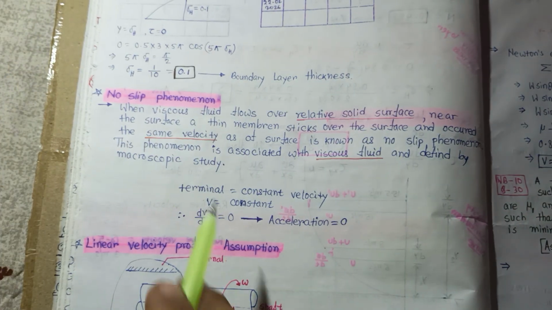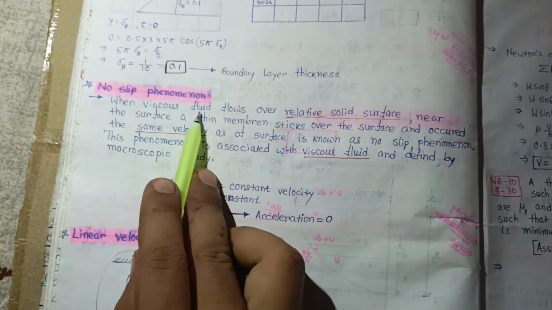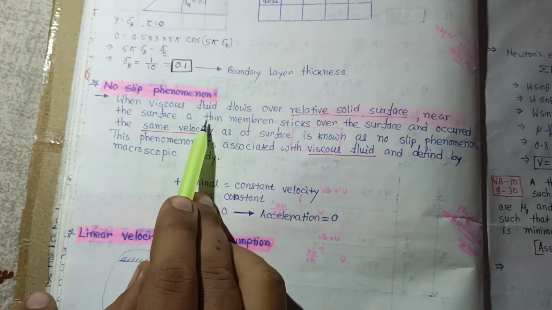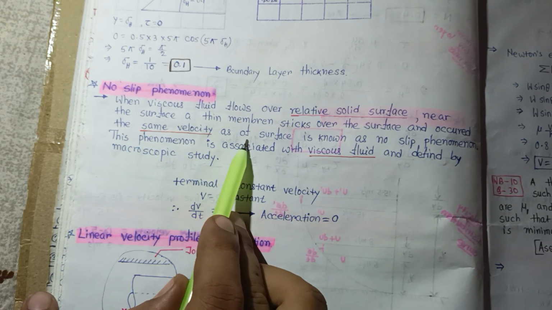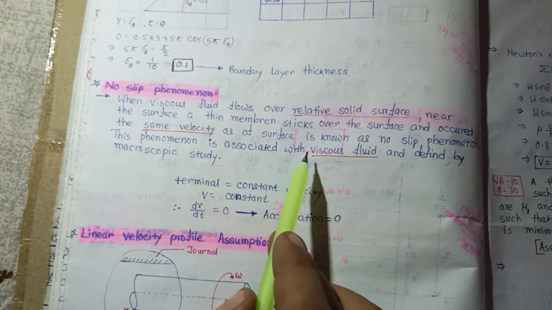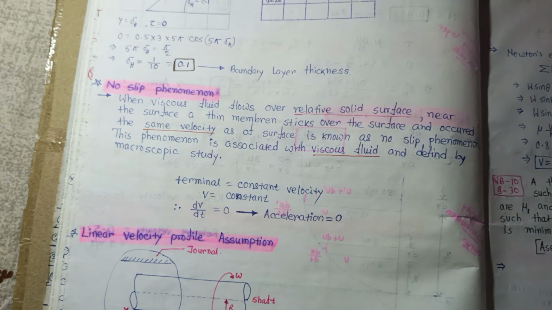Now there is another small topic, that is the no slip condition. So what is the no slip phenomenon? When a viscous fluid flows over a relatively solid surface, near the solid surface a thin membrane sticks over the surface and attains the same velocity as the surface. This is known as the no slip phenomenon. This phenomenon is associated with viscous fluid and defined by macroscopic study.